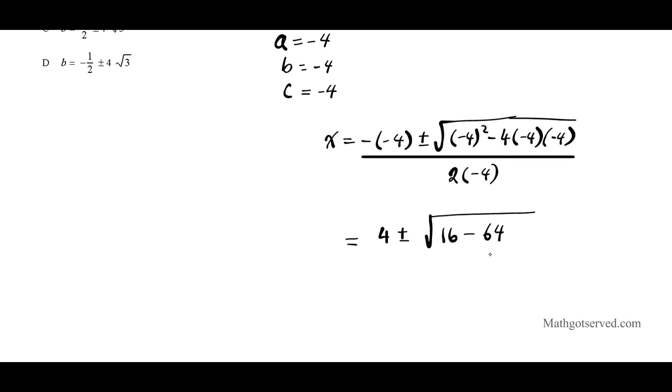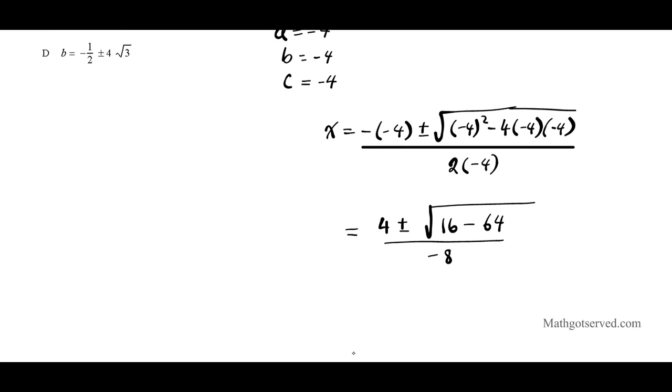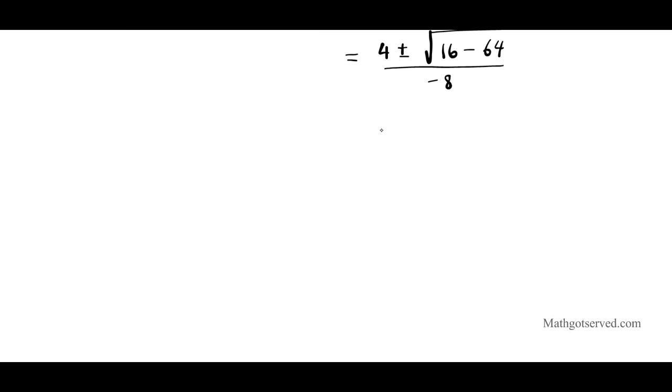Now let's divide that by negative. 2 times negative 4 is negative 8. Alright, let's go ahead and simplify the radicand. We're going to have this equals 4 plus or minus the square root of 16 minus 64, which is negative 48, over negative 8.